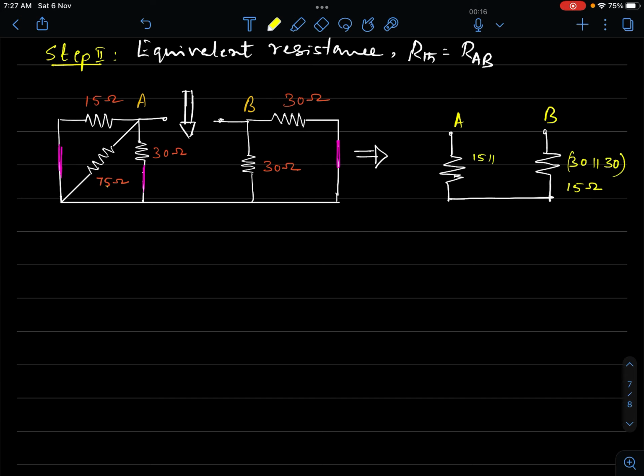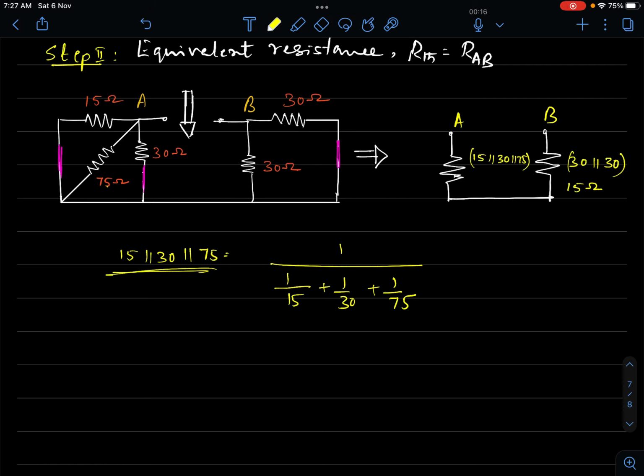This would be 15 parallel 30 parallel 75. One can always find it out. How do we find it? 15 parallel 30 parallel 75 is 1 divided by 1 over 15 plus 1 over 30 plus 1 over 75. We find it this way.